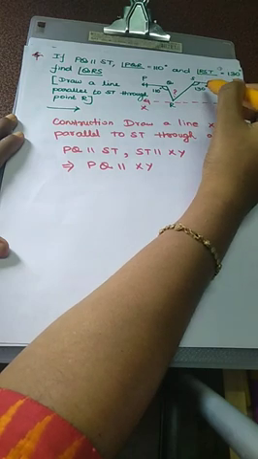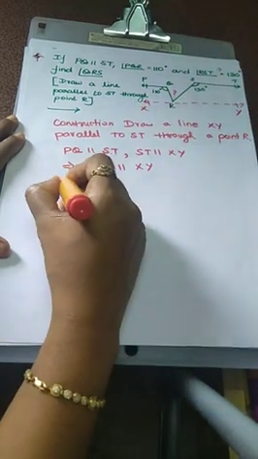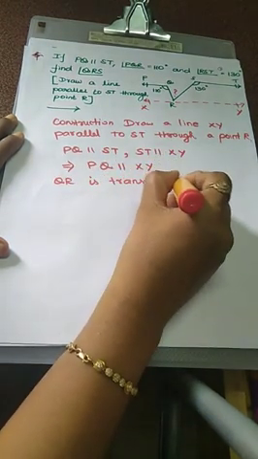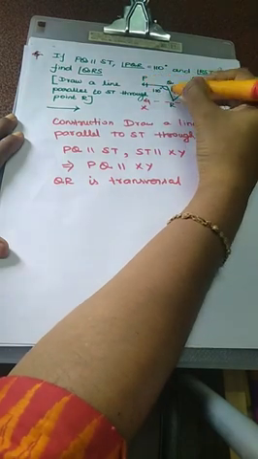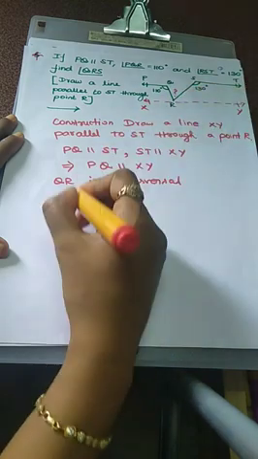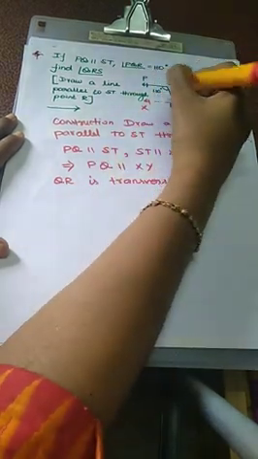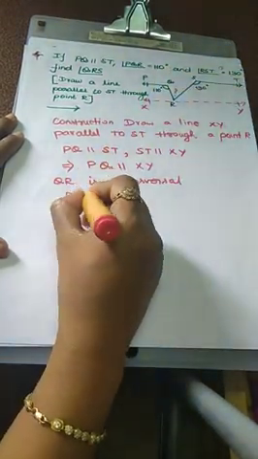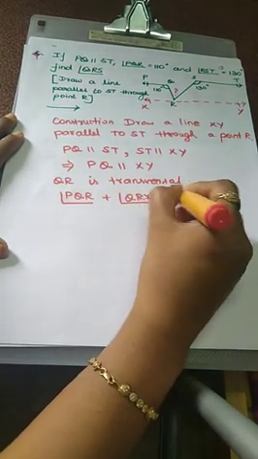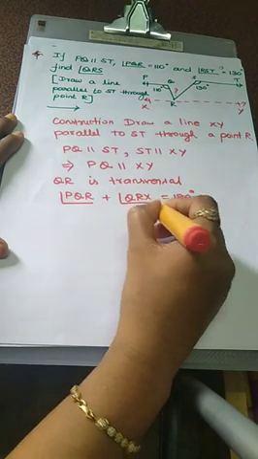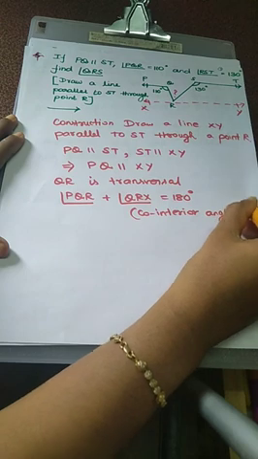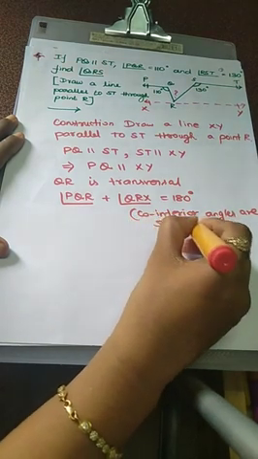Now we have to use one condition. What is the transversal line here? QR. So QR is the transversal. So we write angle PQR plus QRX is equal to 180 degrees. Why are these two angles 180 degrees? Because they are co-interior angles, or supplementary.